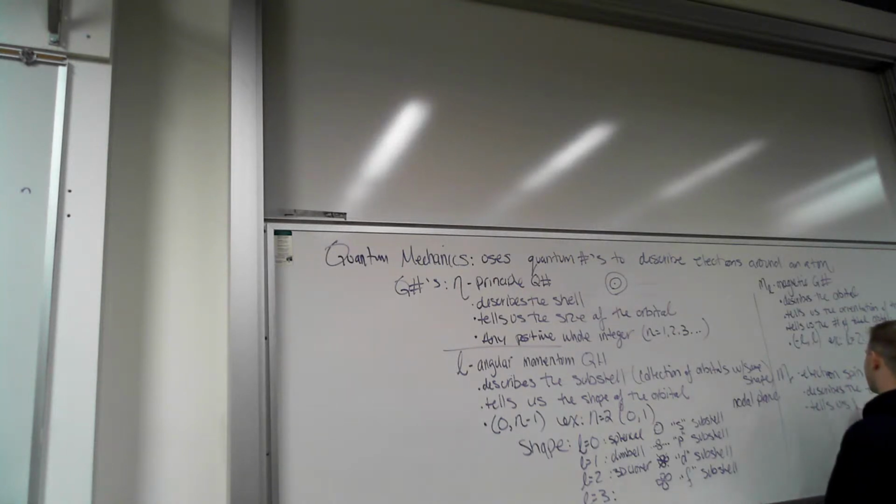It tells us the spin of the electron. And our m sub S is either negative 1/2 or positive 1/2. So our only 2 possible values for our m sub S are negative 1/2 or positive 1/2. All right, is this making sense so far?